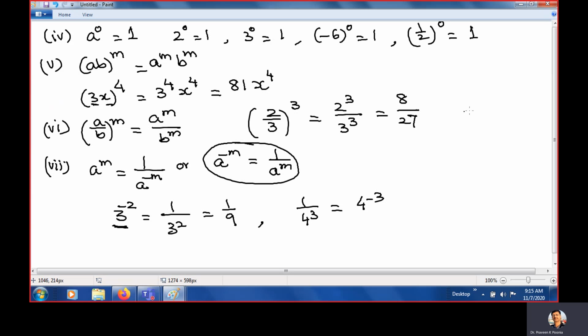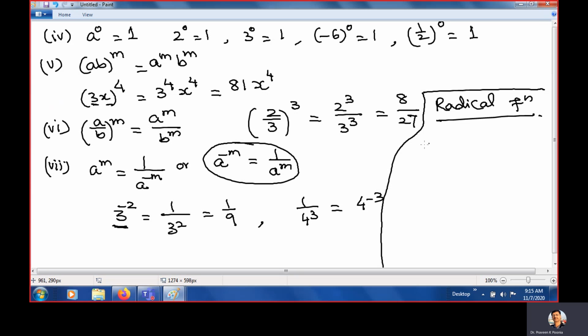But there are some radical expressions also. Radical means where powers are in fractions. Radical expressions, radical function, you can say. Say we are writing square root a. What is this? Square root a. If we are not writing anything, that also shows 2. Nothing means 2.